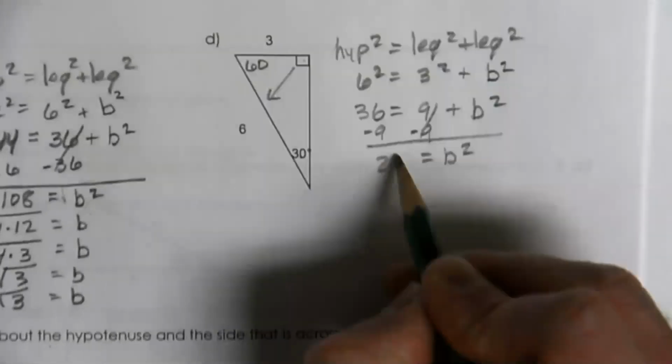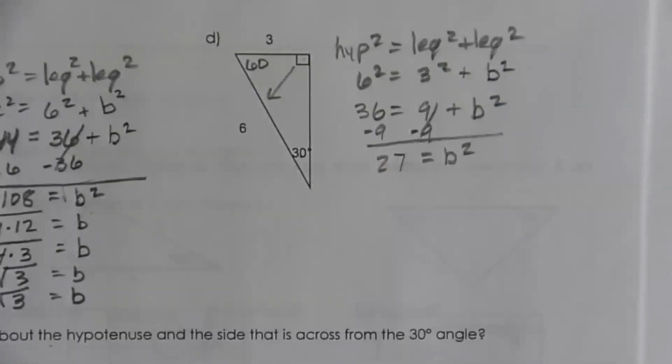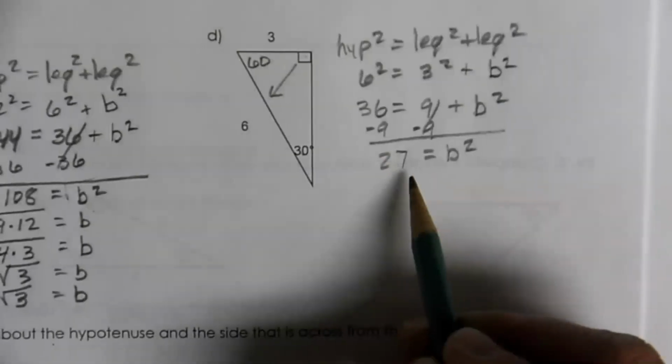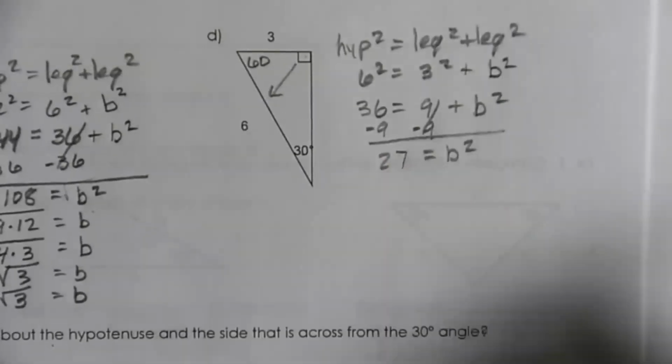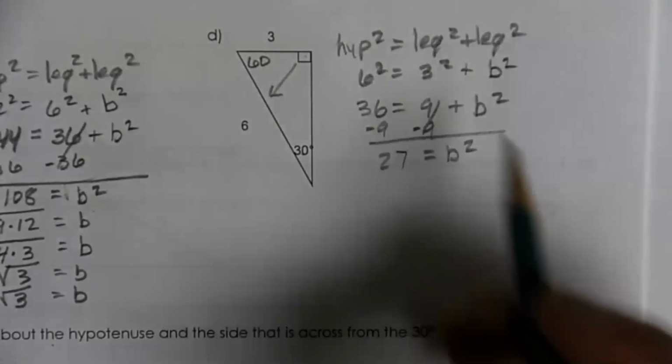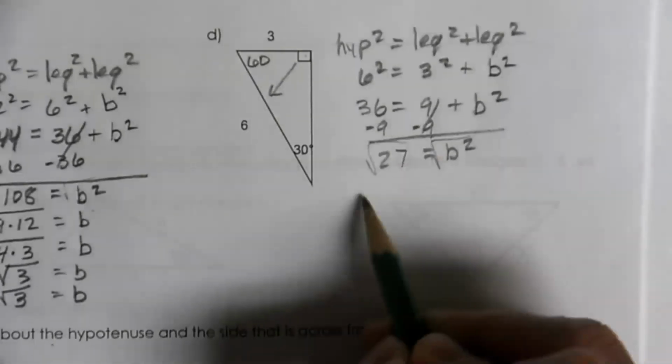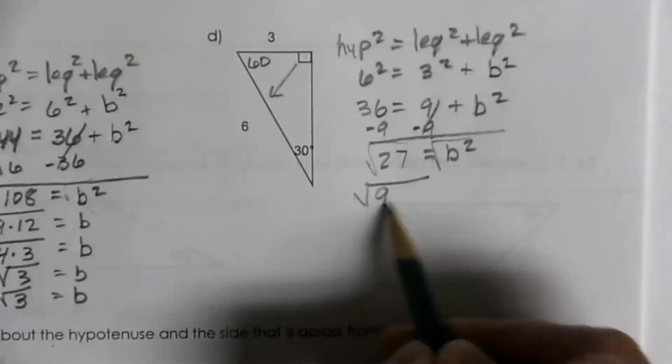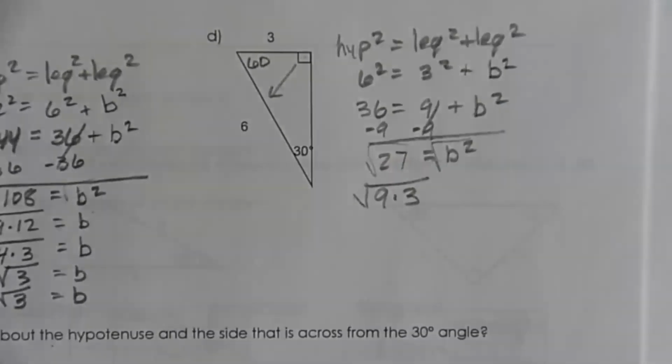27. I went to the wrong side. Okay. So what are we going to do here? Take the square root of both sides. And when we do that, we might use numbers like 9 times 3 is 27.